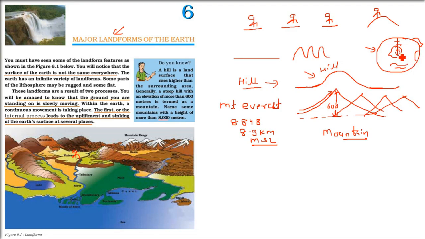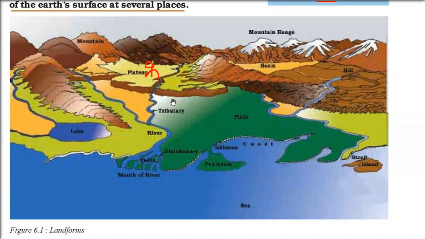These internal processes may lead to upliftment of part of the surface, or they may lead to the sinking of the earth's surface at certain places. Somewhere it will be like this, it is sinking. These are mainly the places where you find lakes, etc. These are places of sinking, and sometimes you find a stream of water also flowing like this.